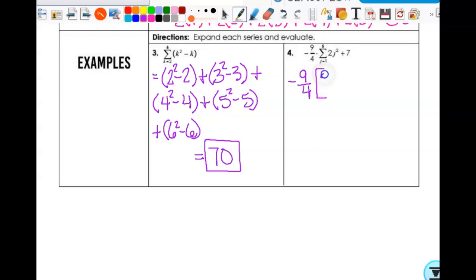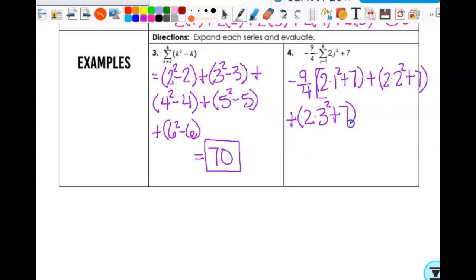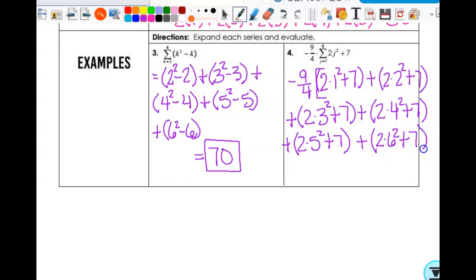Here we're going from 1 to 5, so this is 2 times 1 squared plus 7 plus 2 times 2 squared plus 7 plus 2 times 3 squared plus 7 plus 2 times 4 squared plus 7 plus 2 times 5 squared plus 7 plus 2 times 6 squared plus 7.